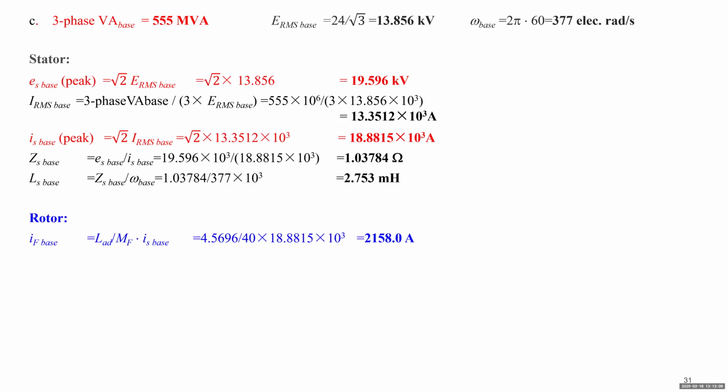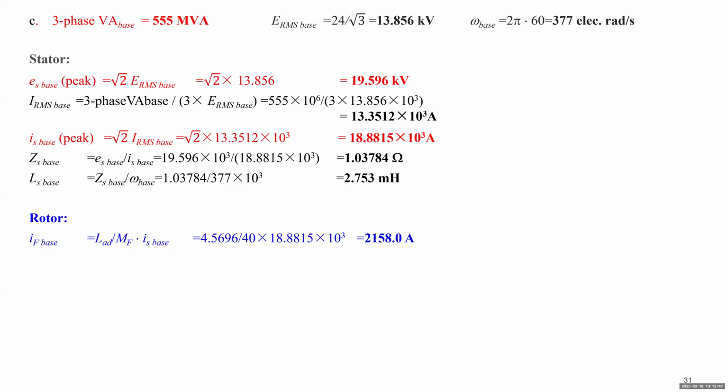Okay, so those are for the stator quantities. For rotors, first we need to calculate the field winding current base. The field winding current base is equal to the stator current base multiplied by a factor. The factor is LAD divided by MF. That factor is just to make the mutual inductance in the field winding equal to the mutual inductance with stator in terms of per unit.